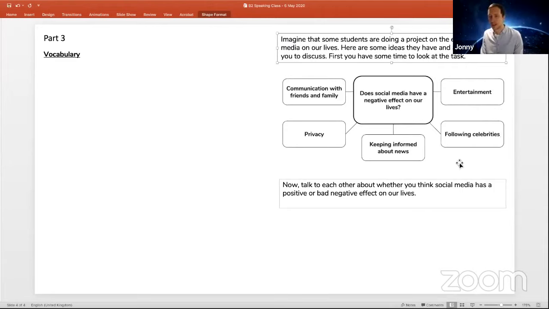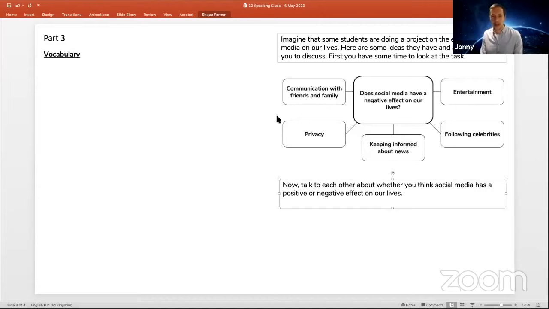So these are just ideas, and then you need to talk to each other about whether you think social media has a positive or negative effect on our lives. So talking about these ideas, do you think social media has a positive or negative effect on our lives?